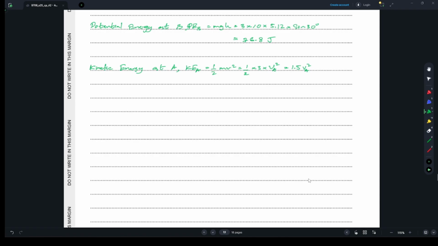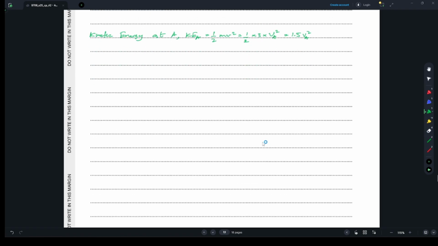And also we have to know the work done against the friction from B to A, which equals Fs, which is mu R times DAB.